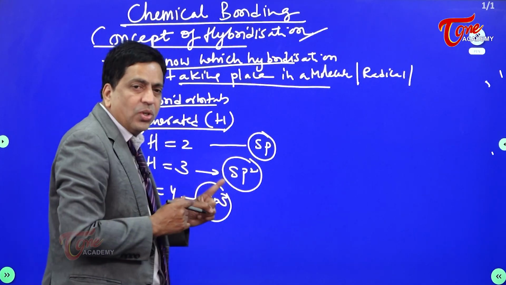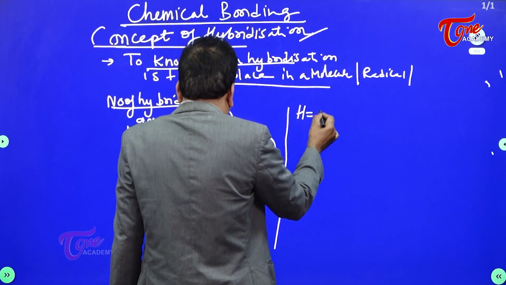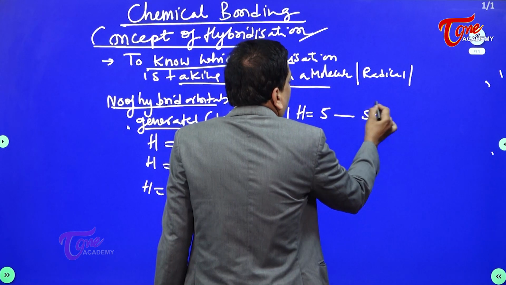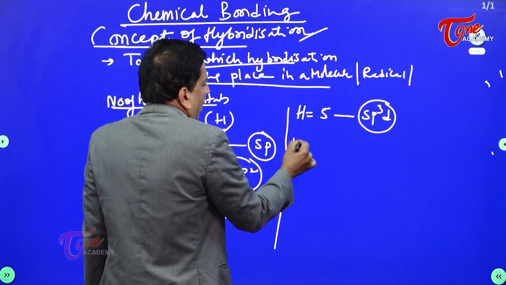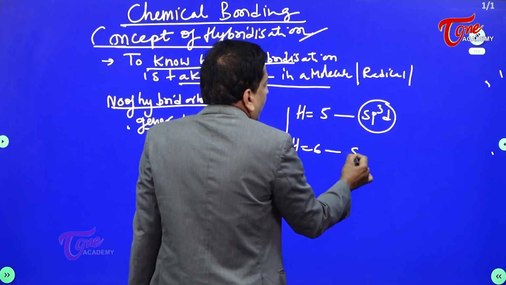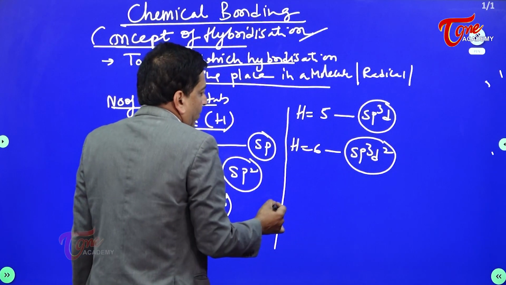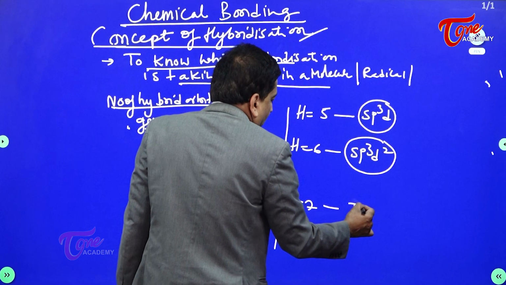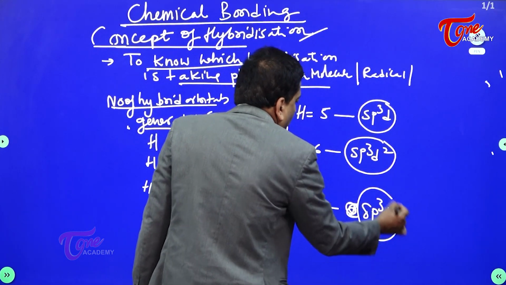If it is 4, it is sp3. If H is 5, then it is sp3d. If H is 6, it is sp3d2. And if H is 7, then it is sp3d3. You must understand.